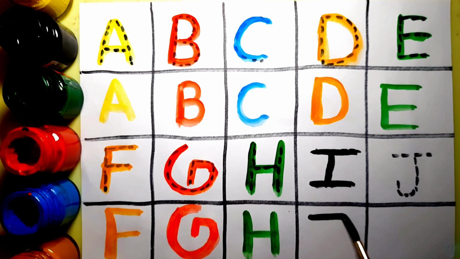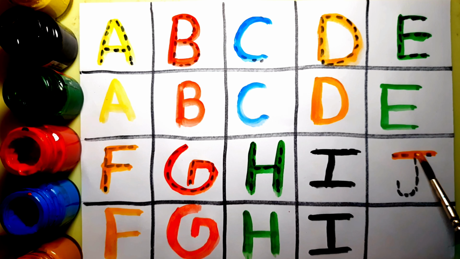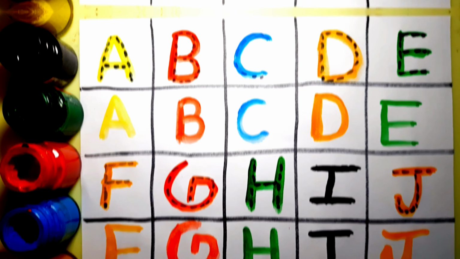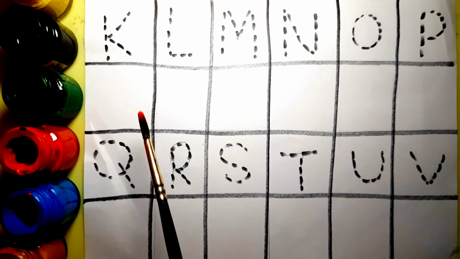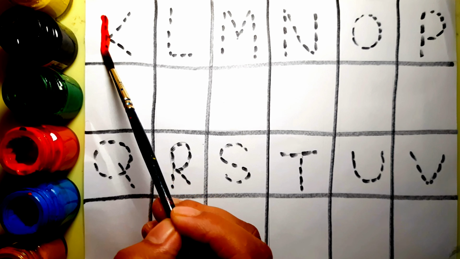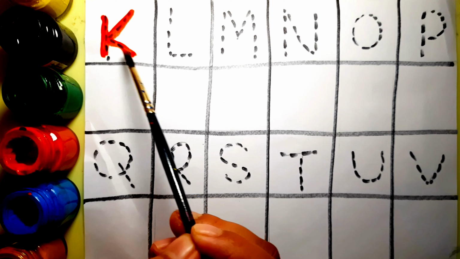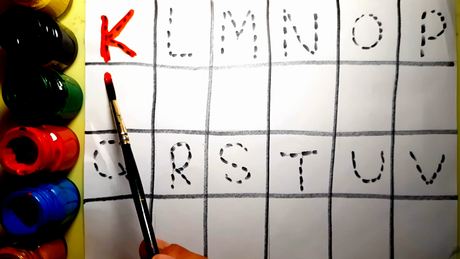I for igloo. J for jelly. K for keyboard.